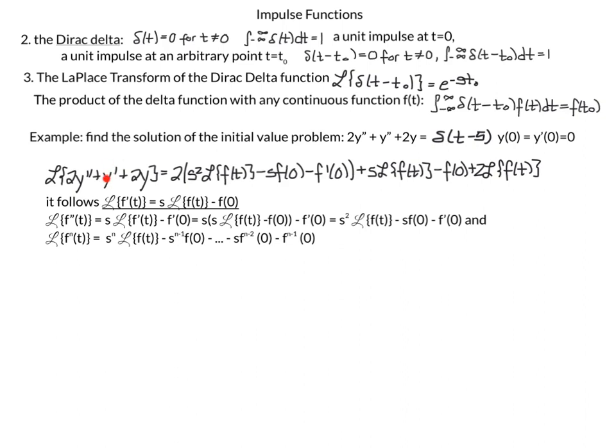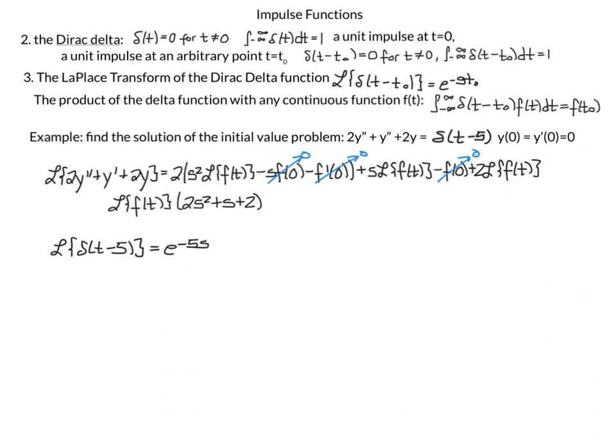And then I have y prime, which is s times the Laplace transform of f of t minus f of 0. And then I have my 2 and my Laplace transform of f of t. I've plugged in my f of 0 and my f prime of 0, so these terms go away, and I'm left with the Laplace transform of f of t times 2s squared plus s plus 2.